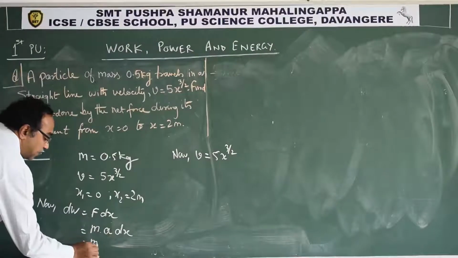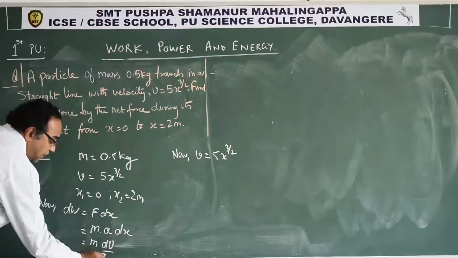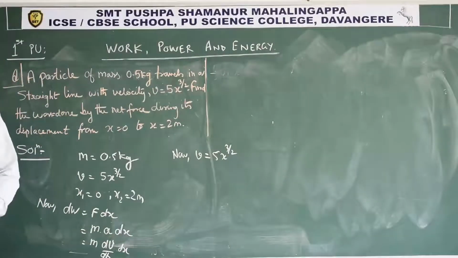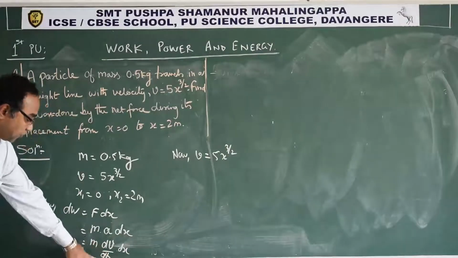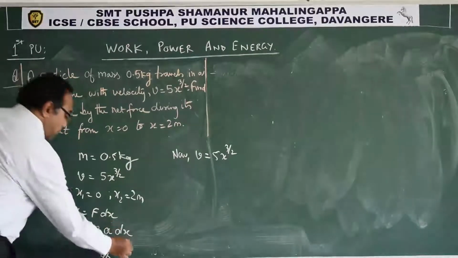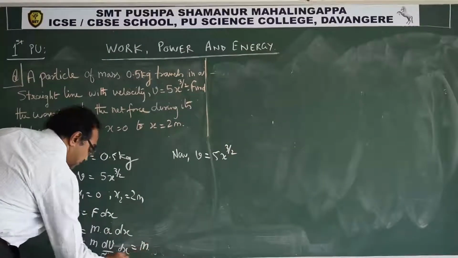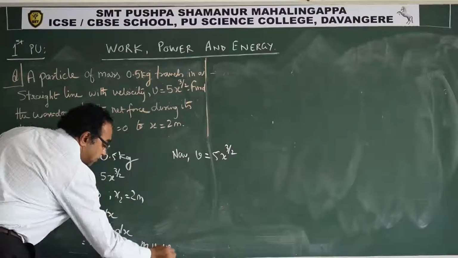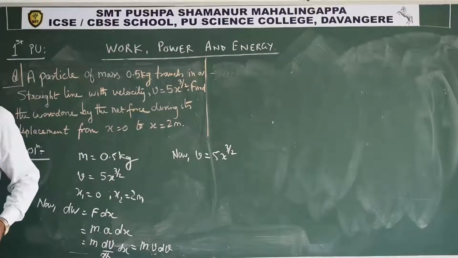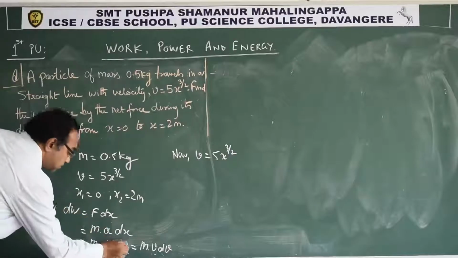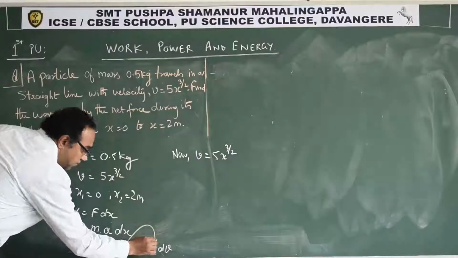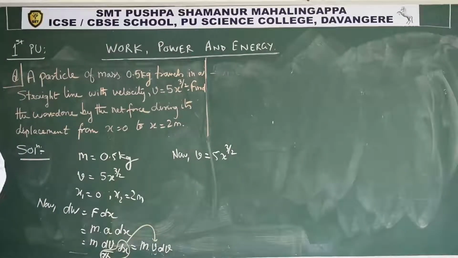So you can write this way, m, a is dv by dt and here dx. So dx by dt you can take it as v, and v is known, right? So this equation will come out as m v dv, because this dx by dt can be written as v. This is how we can simplify the given equation.